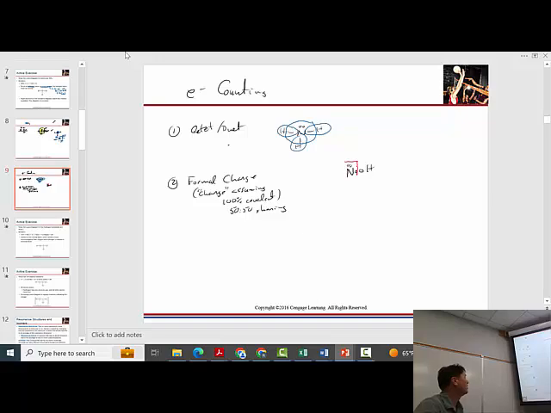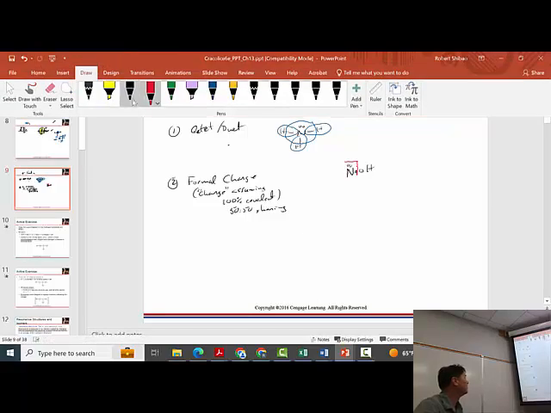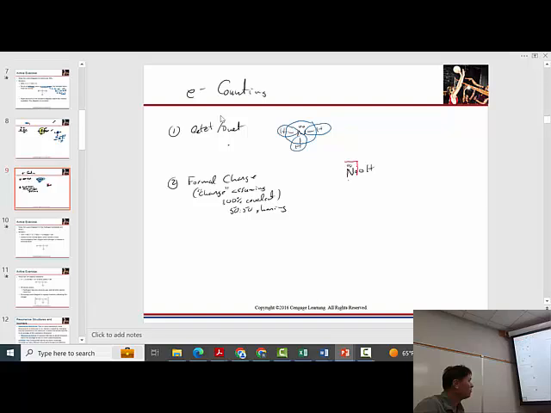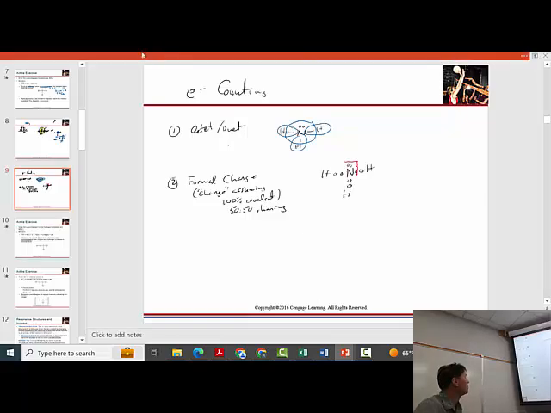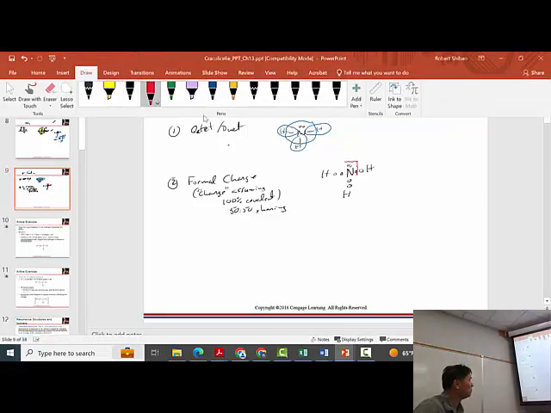And then we look at the other bonds and do the same exact thing. So each of the bonds, we're just going to split them evenly.